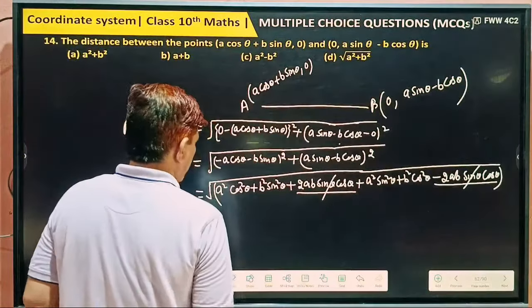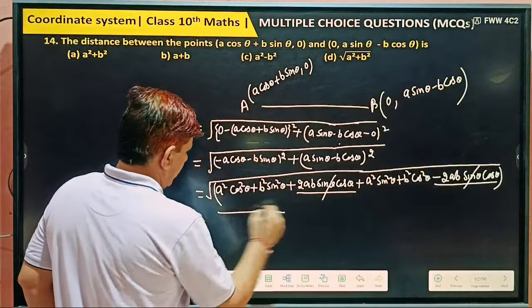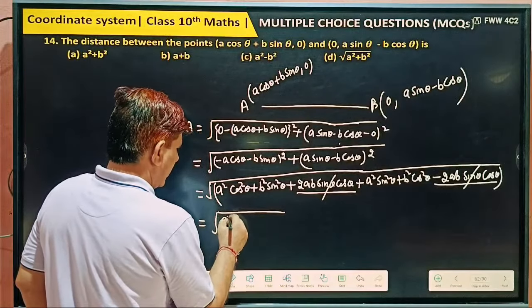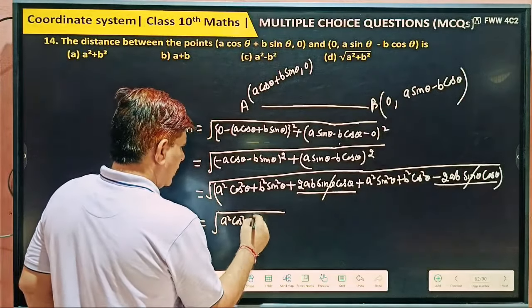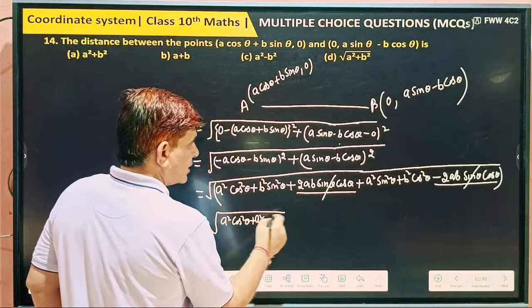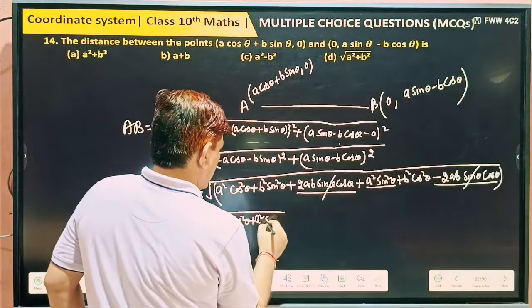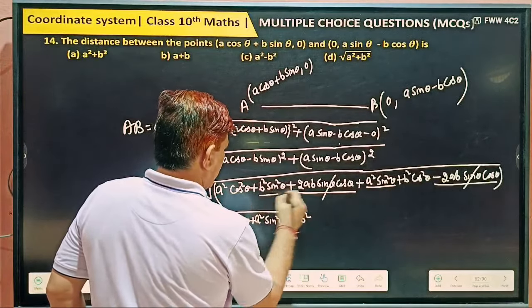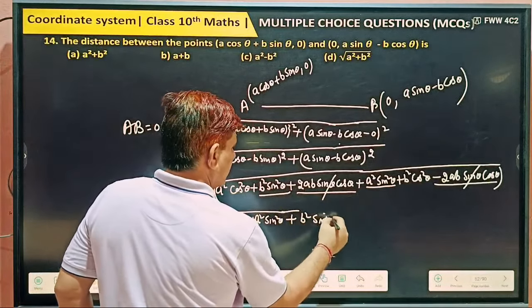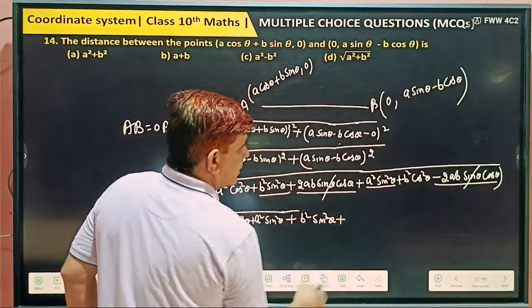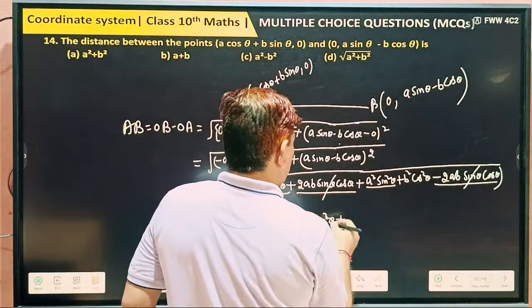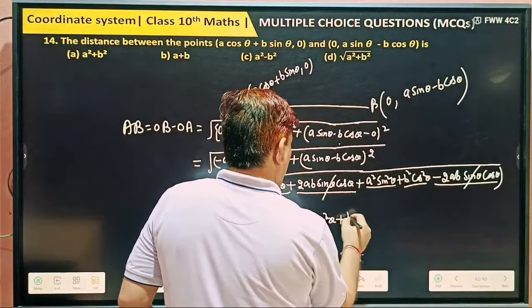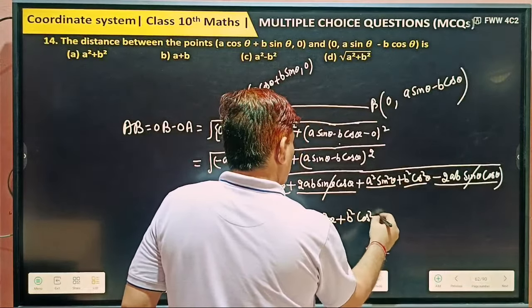So how can I write? This I have written like this: A square cos square theta plus A square sin square theta plus B square sin square theta plus B square cos square theta.